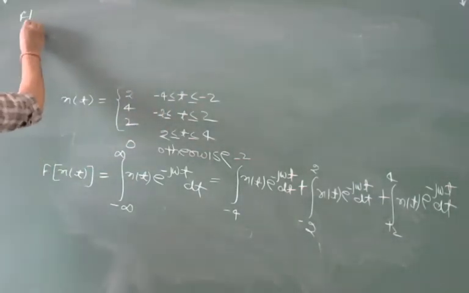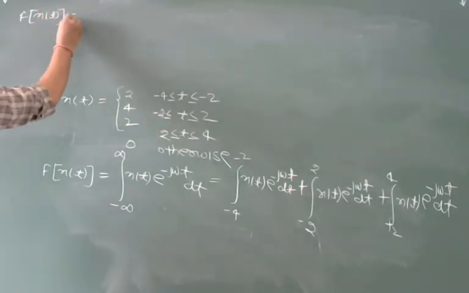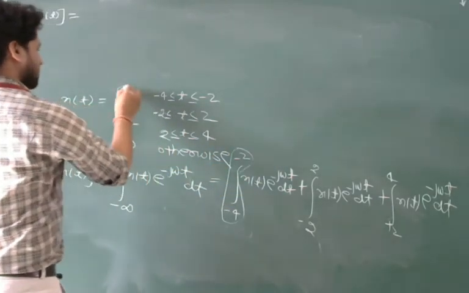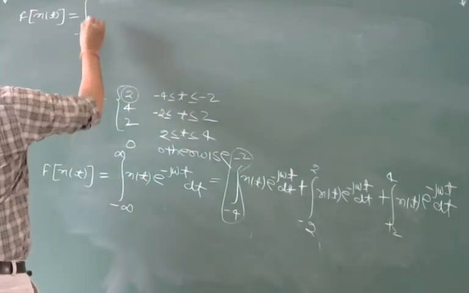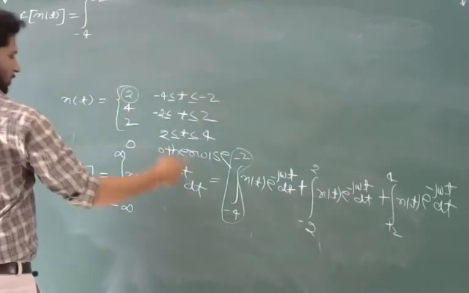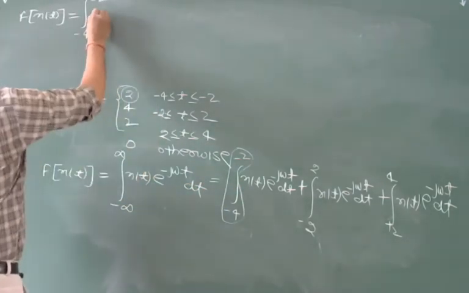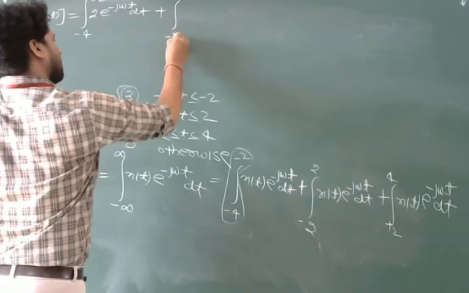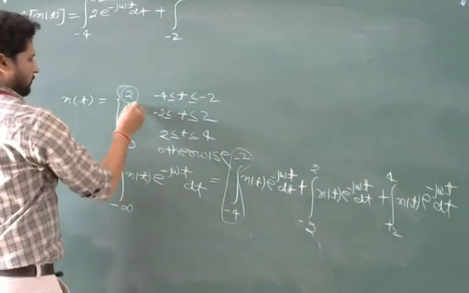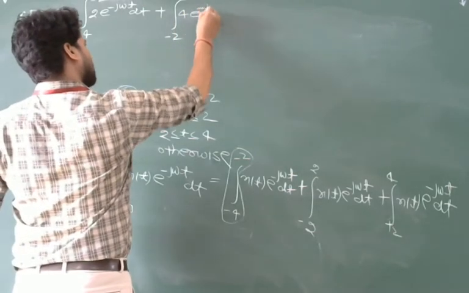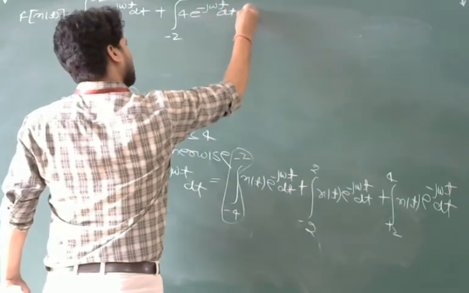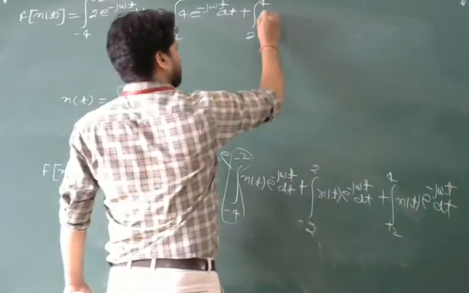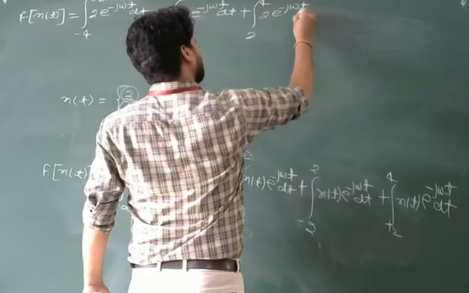Then the Fourier transform of x(t) will become: from -4 to -2, value of the signal is +2, so 2 e power minus j omega t dt, plus from -2 to +2, value of the signal is +4, 4 e power minus j omega t dt, plus from 2 to 4, value of the signal is 2 into e power minus j omega t dt.